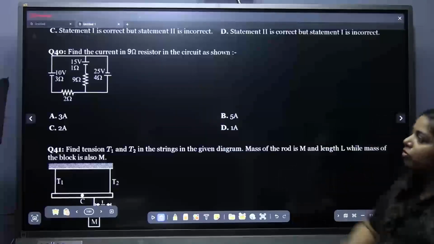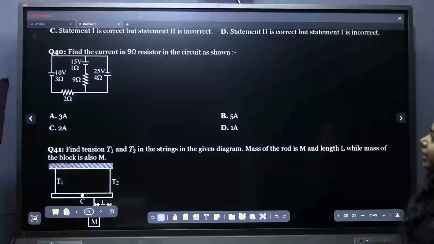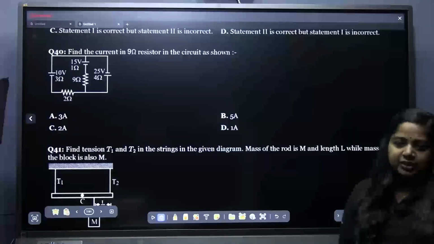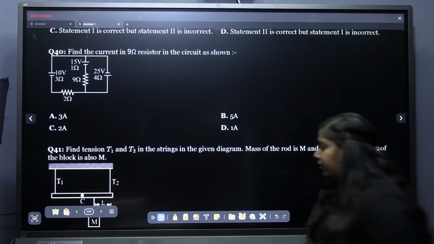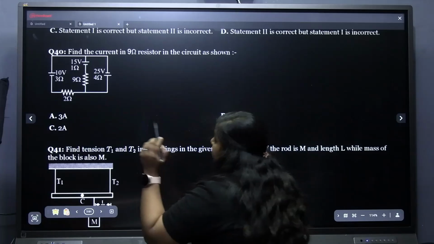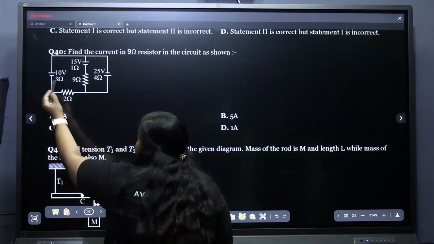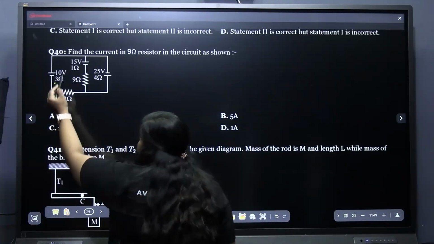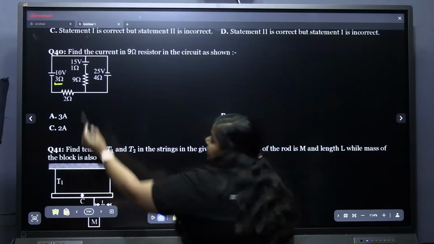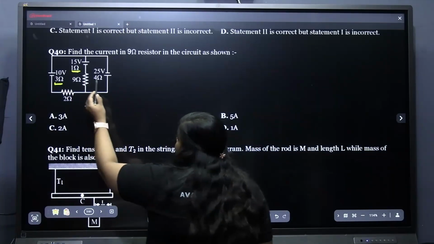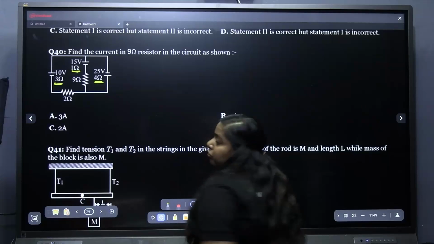Next, question 40. Find the current in the 9 ohm resistor in the given circuit. Here we have to apply our KCL. Now see, this cell is having internal resistance 3 ohm. This cell is having internal resistance 1 ohm. This is having 4 ohm.